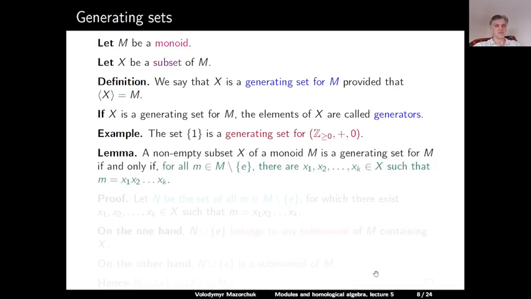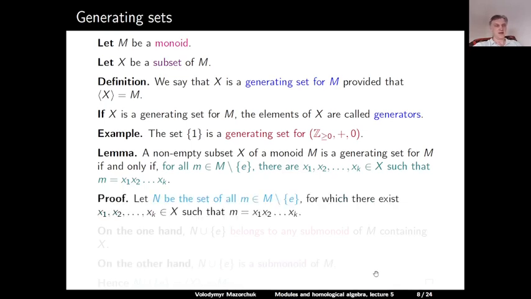Lemma: a non-empty subset X of a monoid M is a generating set for M if and only if every element in M can be written as a product of elements in X. And we have the same proof as for semigroups.